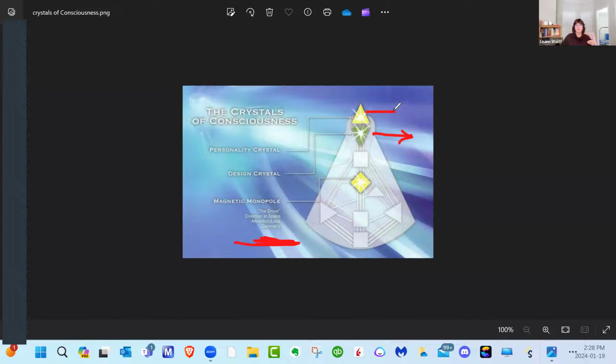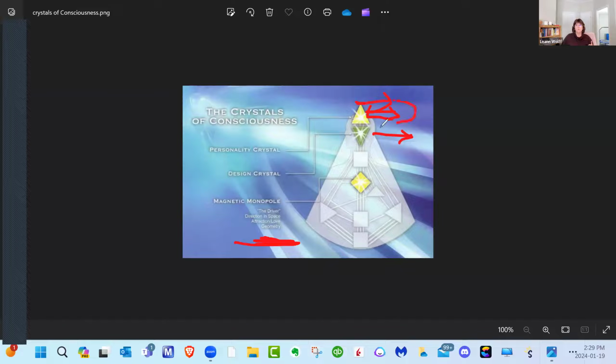And the personality crystal just hovers right over top of the scalp. It doesn't ever enter the physical body. That's why it's called passenger consciousness, because it's not residing inside. It's riding on the outside of the vehicle, being the passenger and witnessing what's going on.